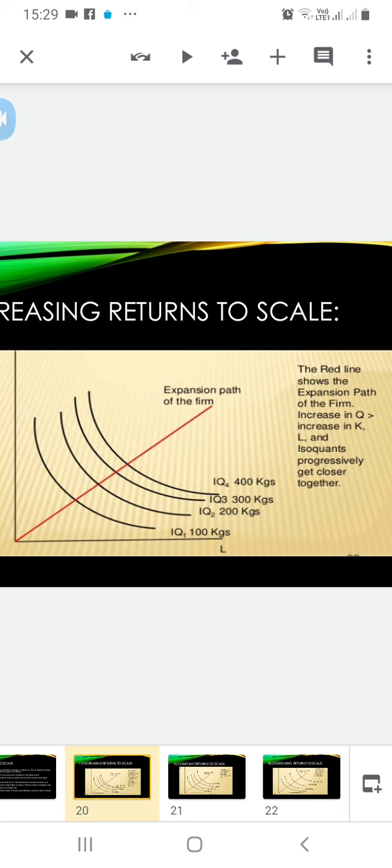So here this line shows the expansion path of the firm. The increase in quantity is greater than the increase in capital and labor.